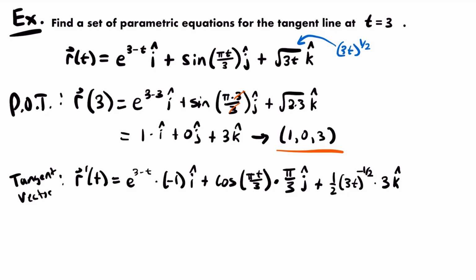And so now we could try to simplify this, but we're just going to end up plugging 3 into it in order to find the specific tangent vector at t equals 3. So I'm not going to bother to simplify this. I'm just going to plug in 3, and then we'll worry about simplifying.